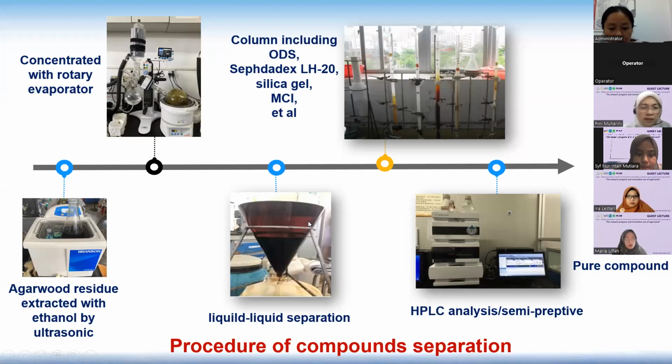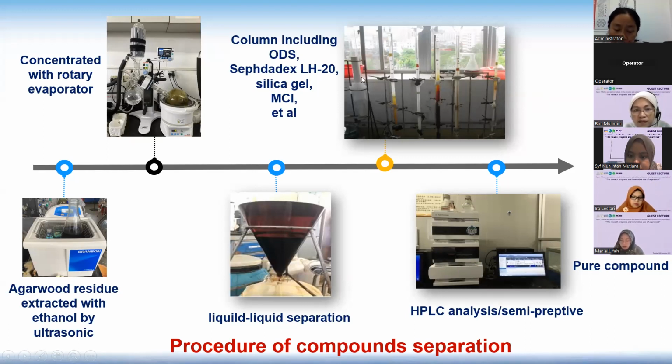And then we use different columns filled with different materials like ODS, Sephadex LH-20, silica, and MCI, as well as HPLC, to separate the compounds until the pure compounds are obtained.